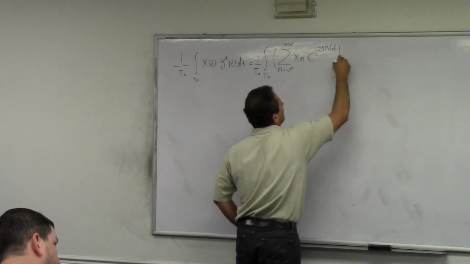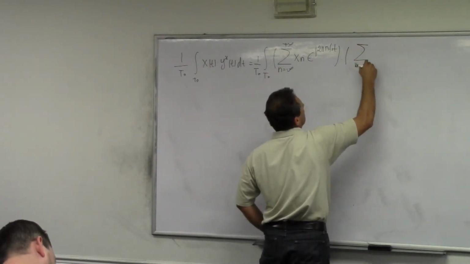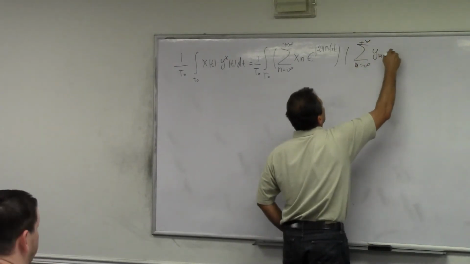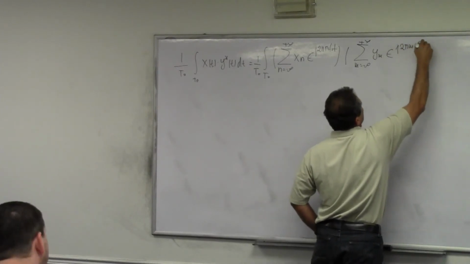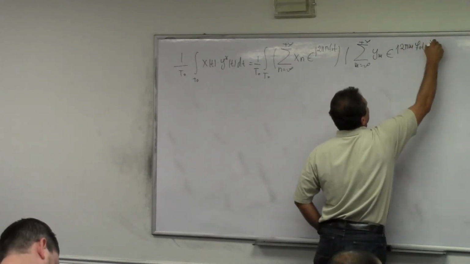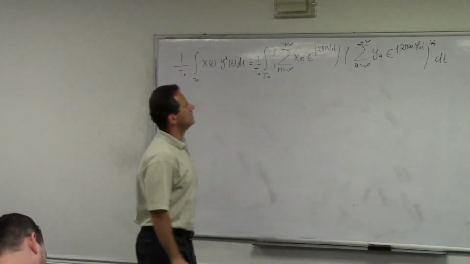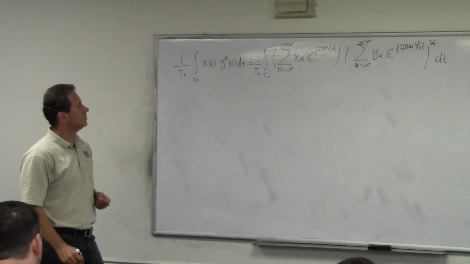So that's my first integral. The second integral is the sum when m goes from minus infinity to plus infinity, ym e to the j 2 pi m f0 t, and then I put complex conjugate here, and then I integrate over t. So that's just a straightforward substitution.